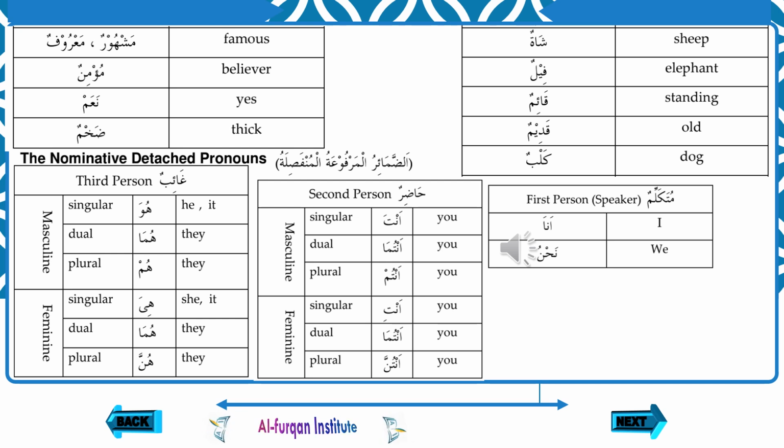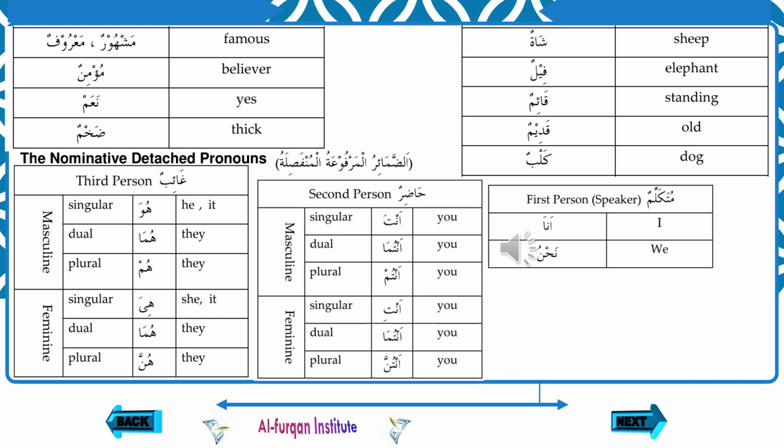So here we have some pronouns. So that is the nominative detached pronoun, ad-dama'irul marfu'atul munfasila. So these are examples of a pronoun in Arabic. We have the third person, the second person, and first person. So the third person ghaib, and the second person hadir. The first person pronoun is the speaker, that is mutakallim. And we have both the masculine and feminine. They are both in the third person and second person.